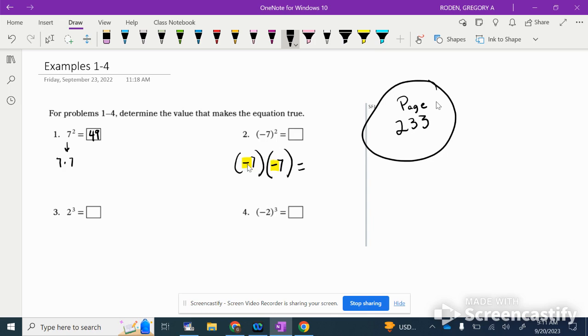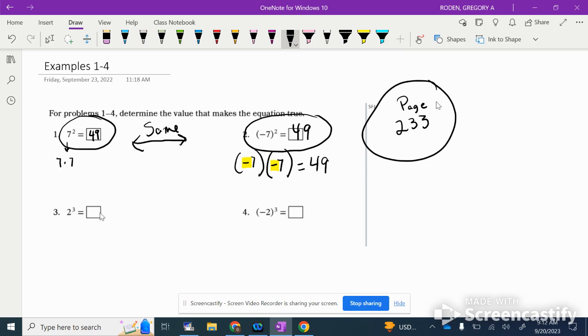So this is going to be 49, since 7 times 7 is 49. Here's an interesting thing, guys. They have the same answer. 7 squared is the same answer as negative 7 squared. Those two are the same. So when you square a number, class, you lose your negative.